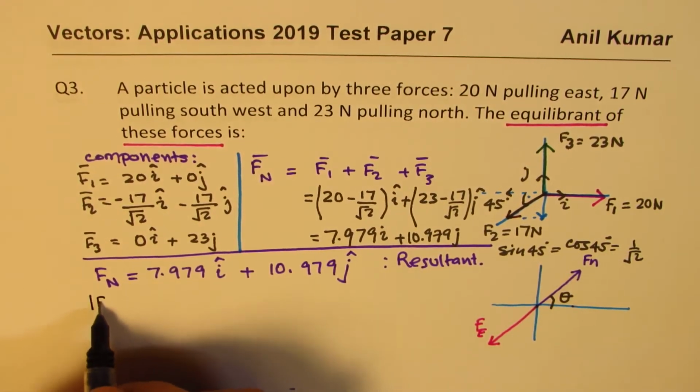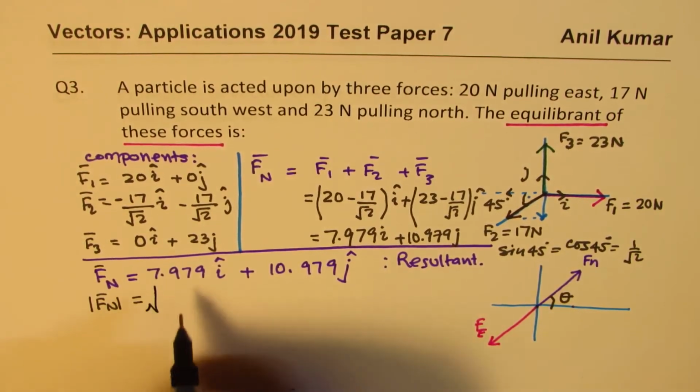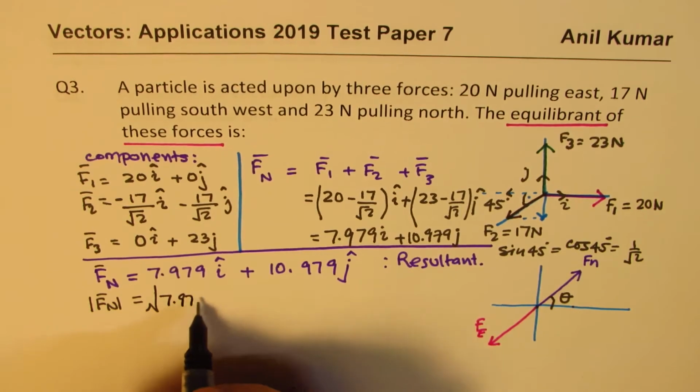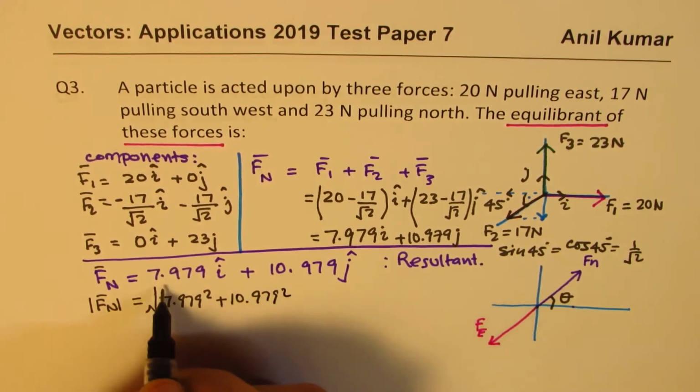So what is the magnitude of this force? The magnitude of this force is square root of 7.979 square plus 10.979 square.